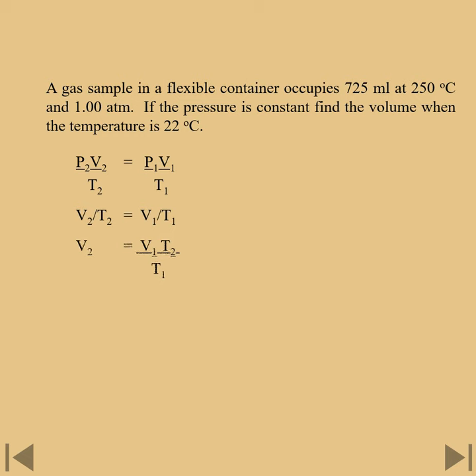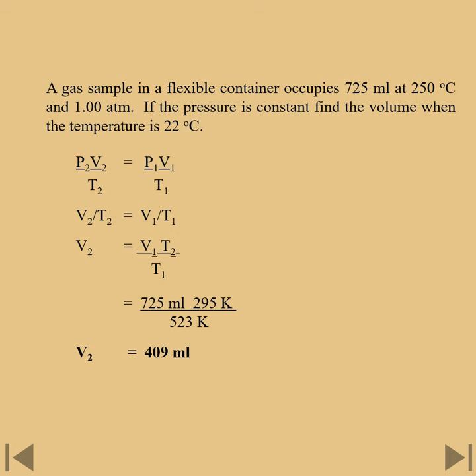And now we're after the new volume, V2. So let's multiply out T2, and here's V2 isolated. Do we have these three variables? Yes, we do. And our temperatures, as they normally need to be, must be converted from degrees C into kelvins. 22 degrees C becomes 295 kelvins. 250 degrees C becomes 523 kelvins.